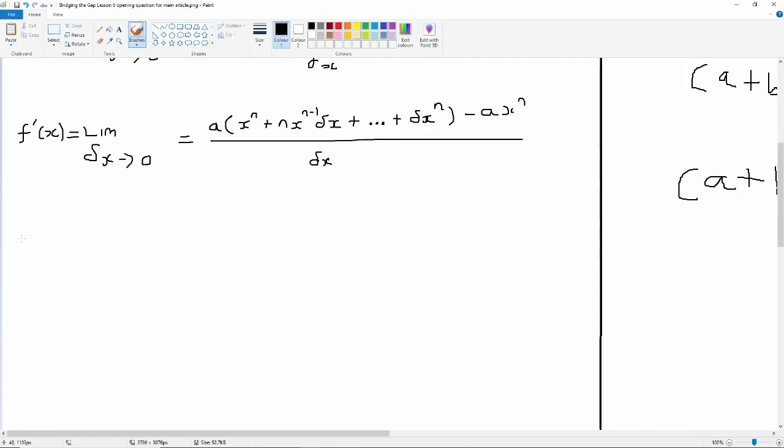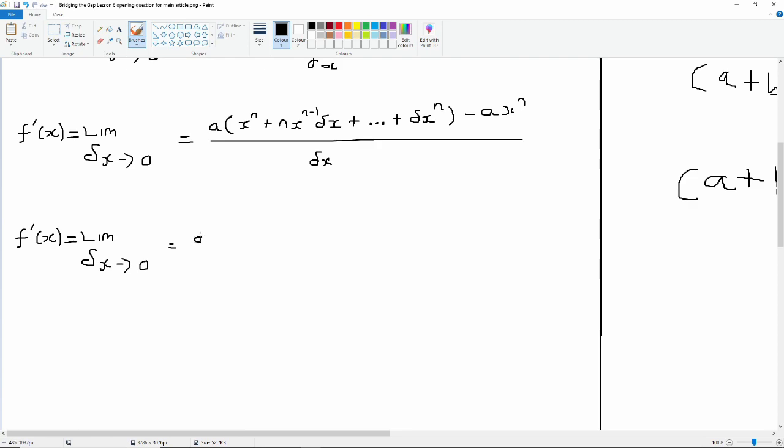Okay, so all of this is equal to, and what I want to do now is expand out these brackets by multiplying every term in the brackets by a.